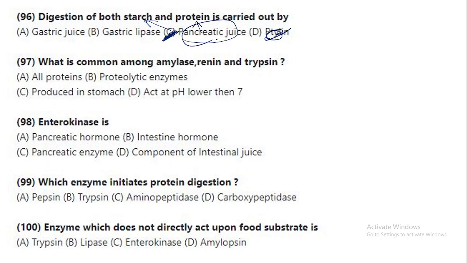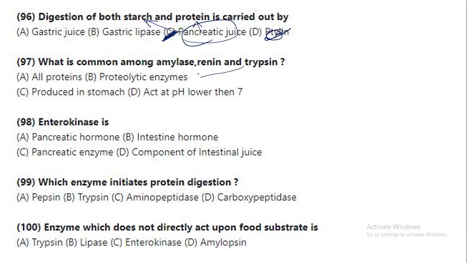What is common among amylase, renin and trypsin? Are they all proteins? Are they all proteolytic enzymes? Are they produced in the stomach? Or do they act at pH lower than 7? They are all enzymes, and enzymes are all proteins.